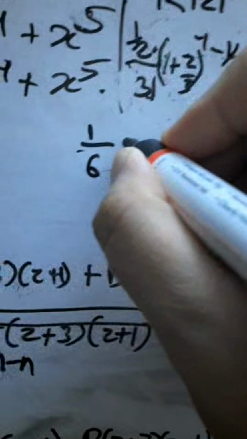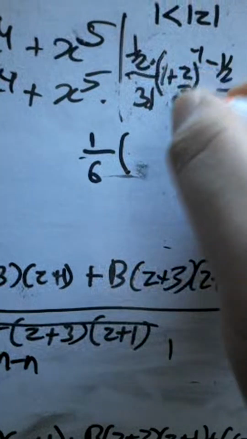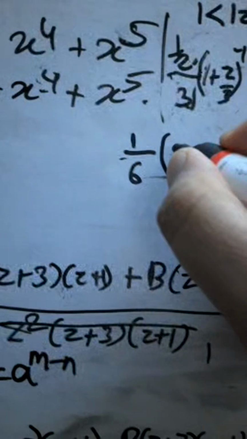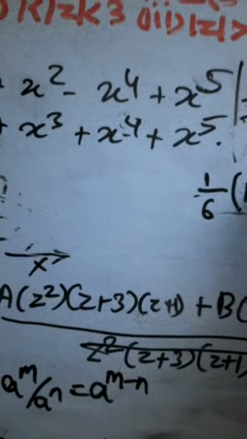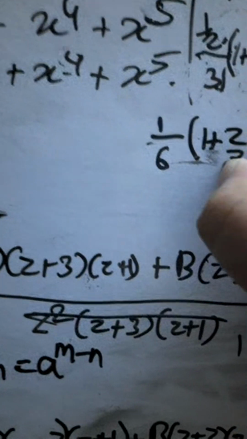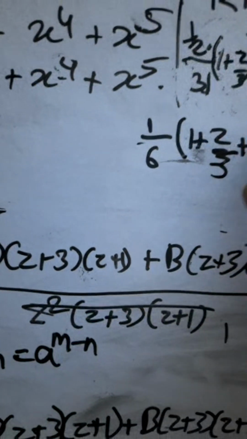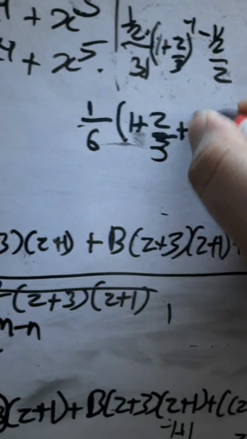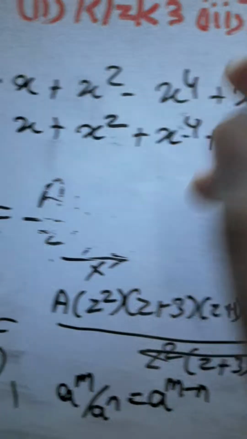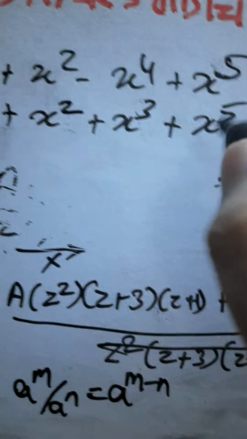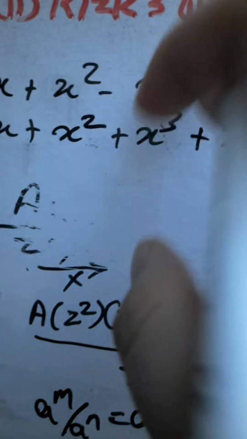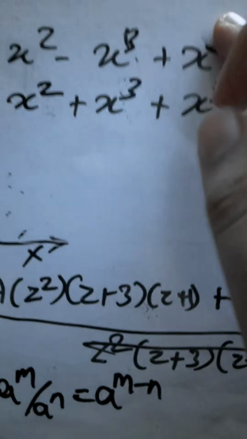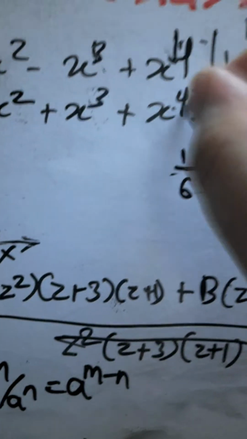So 1 by 6, this can be written as 1 plus z by 3 raised to minus 1, which is given here as 1 plus z by 3, z by 3 whole square. Wait a second, this is square, this is cube, I wrote it wrong. Square, this is cube actually, this is 4, yes, and so on.